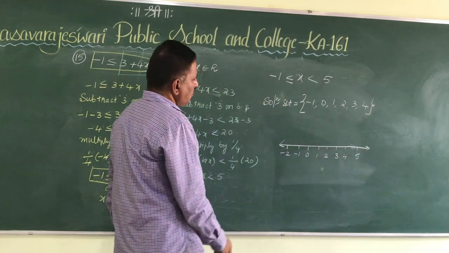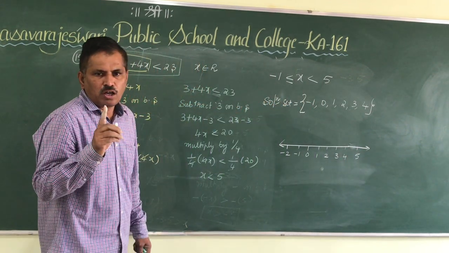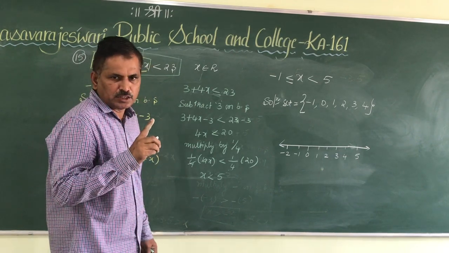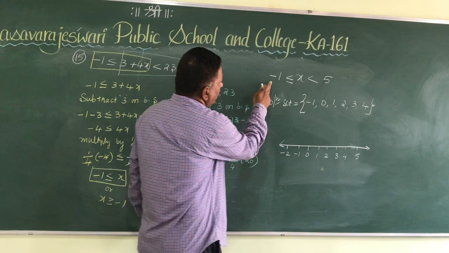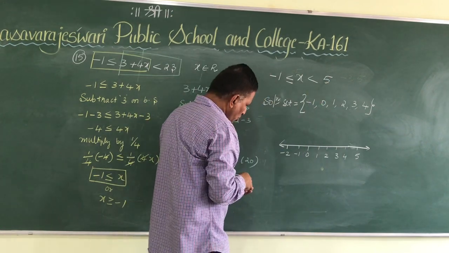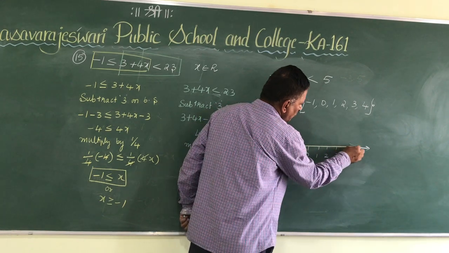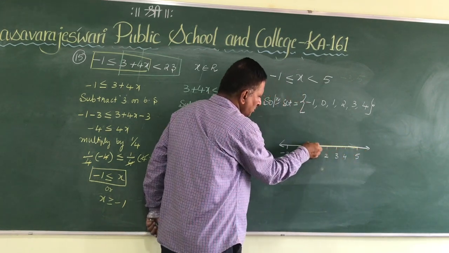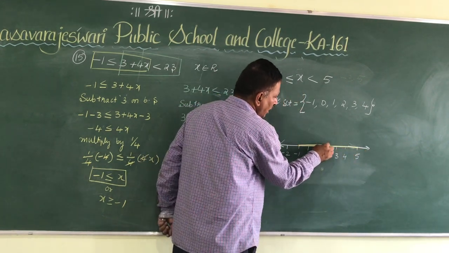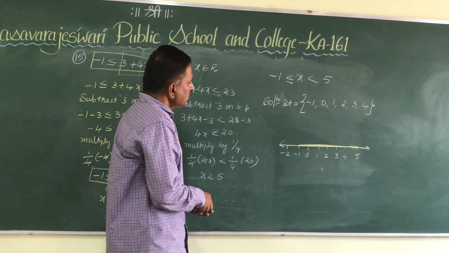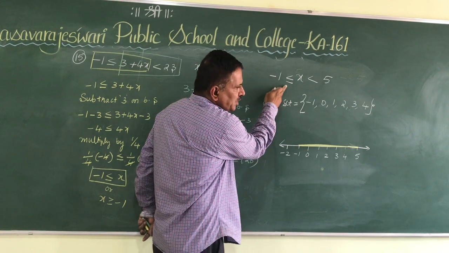So here we have to draw the line on the number line, a thick line from where? From minus 1 to 5. Since it is a real number, you are supposed to draw the thick line from minus 1 to 5.